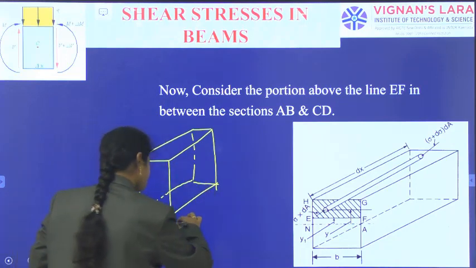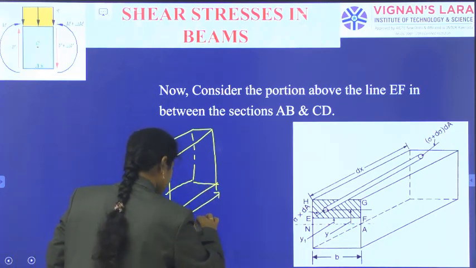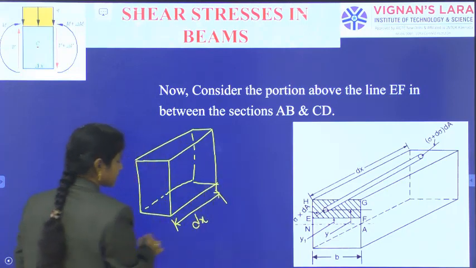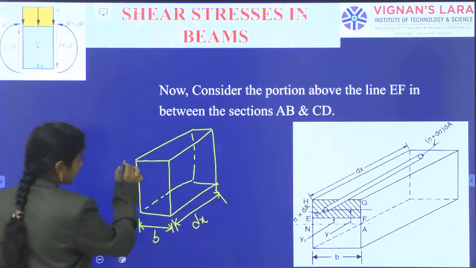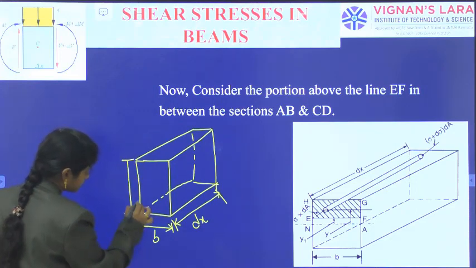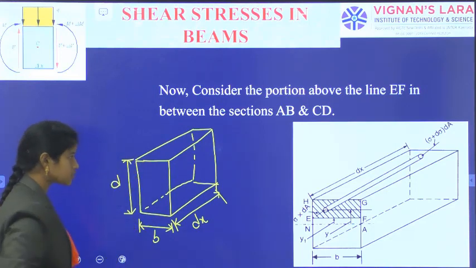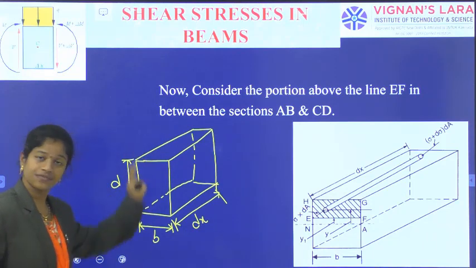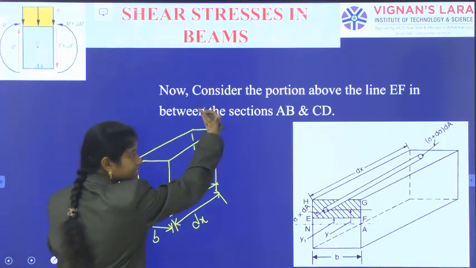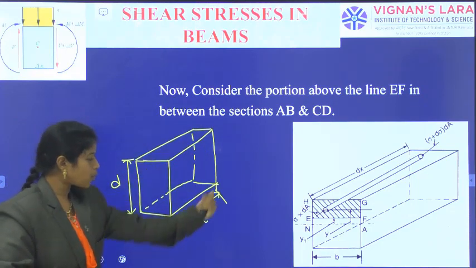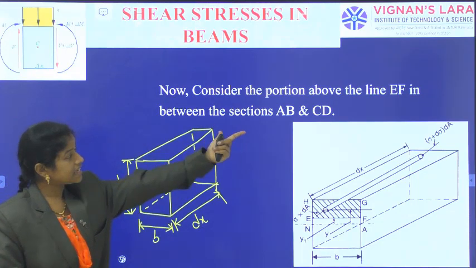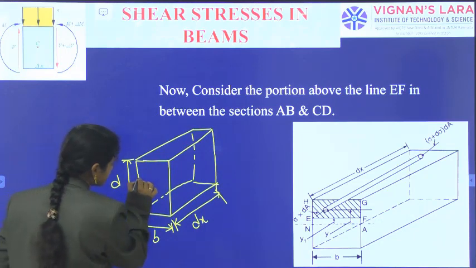If this is the length of the segment dx, it has the width b and the depth d. So this is the indication for the AB section, and the next side is indicated as the CD section. Now consider the portion above the line EF.